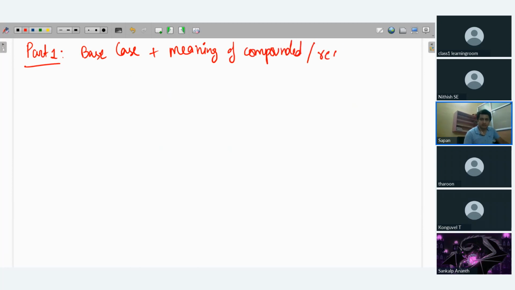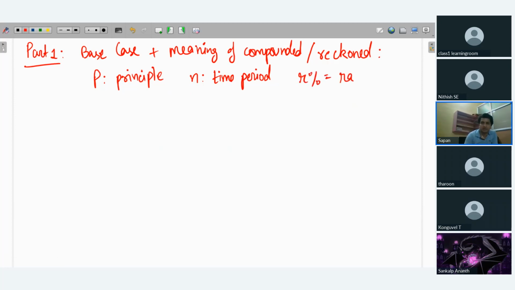So the base case is the same general picture, which means that there will be a principal amount in the starting. There will be n time period, which we generally take as years, number of years. There will be r percentage, which is called the rate of interest.